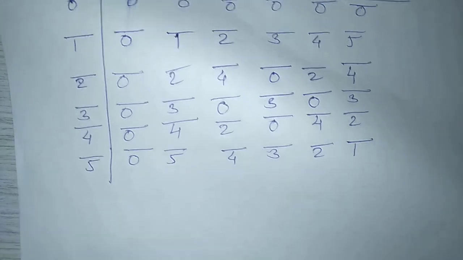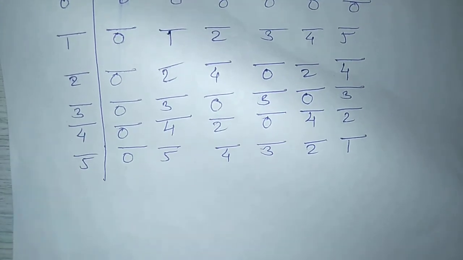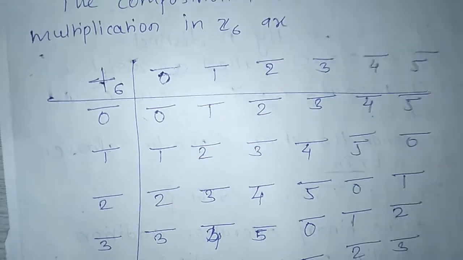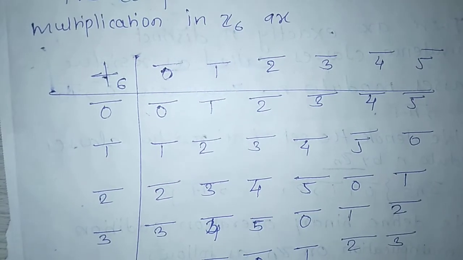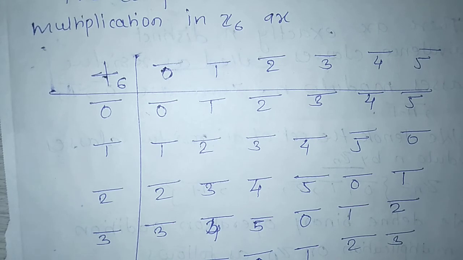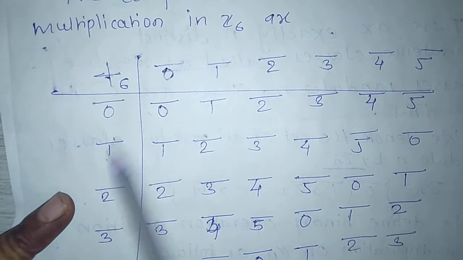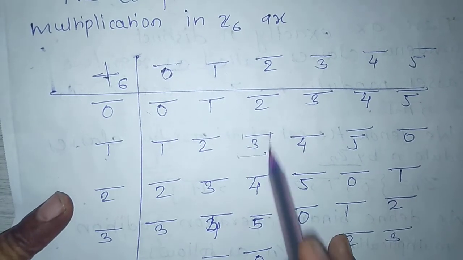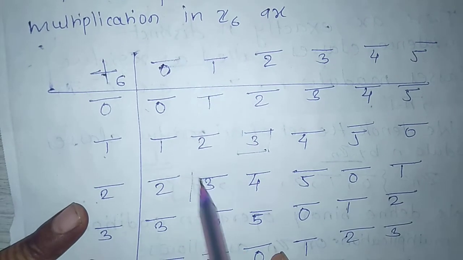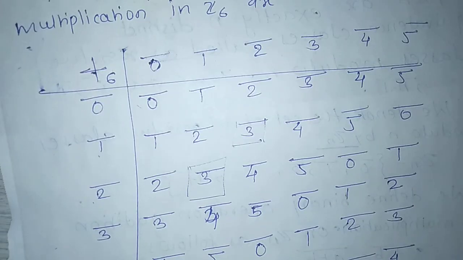Now for this addition table, we observe that addition is commutative because 1 bar plus 2 bar is 3 bar and 2 bar plus 1 bar is 3 bar, which means these two are equal. That's why addition is commutative in Z6. Similarly, addition is associative in Z6.